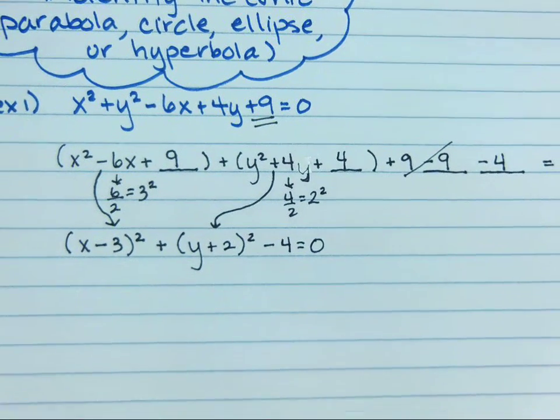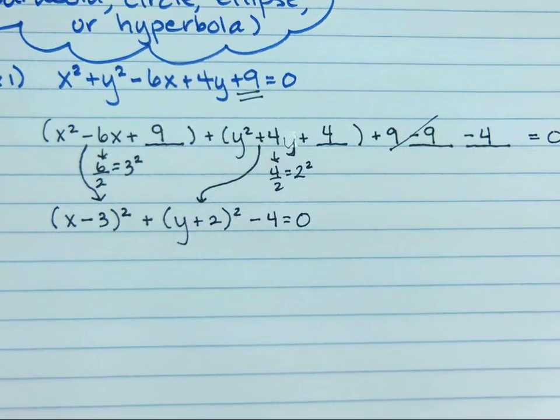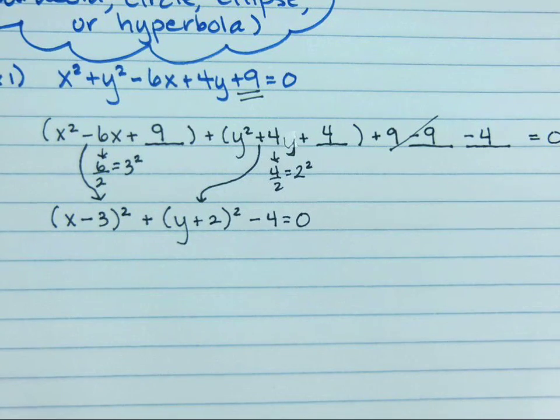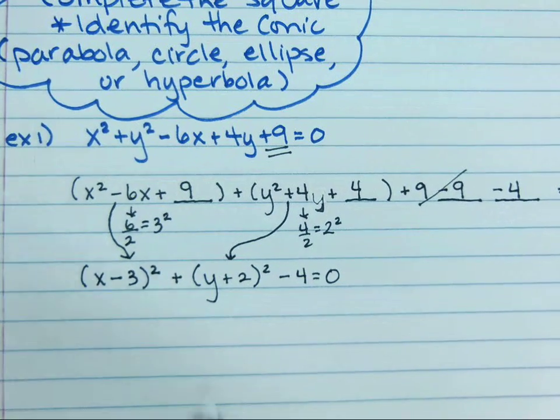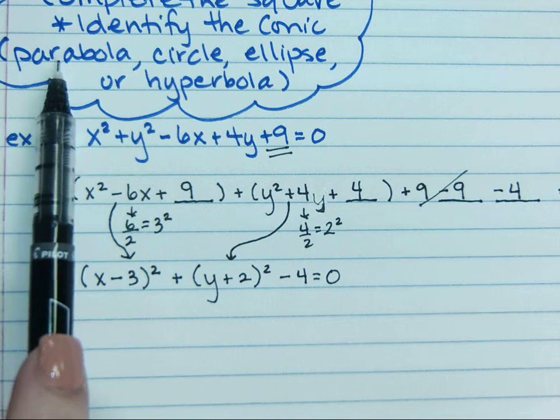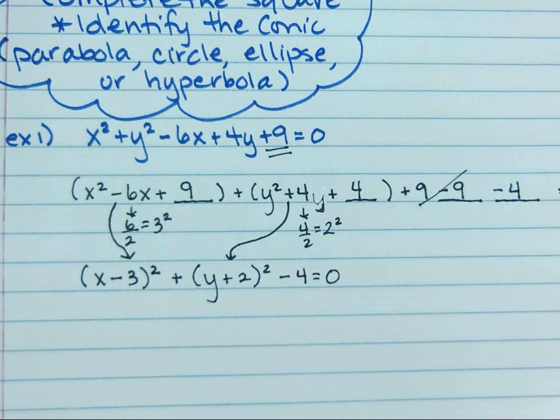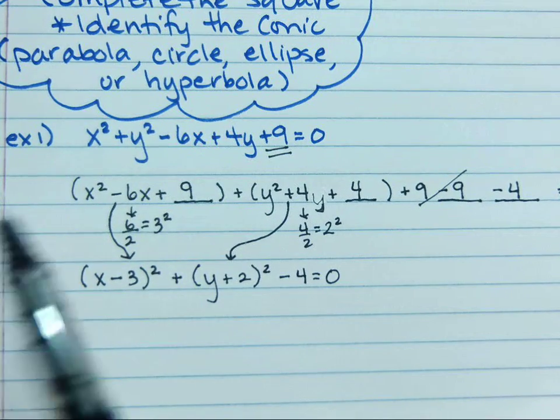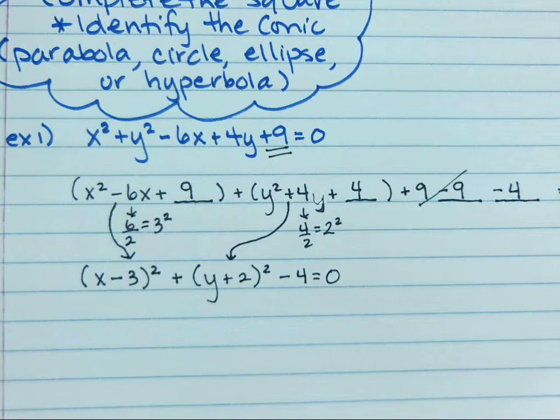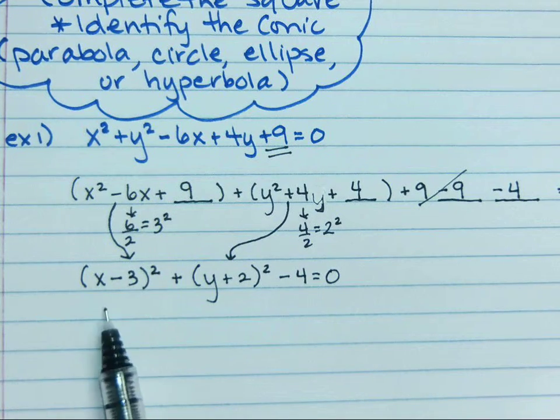Now this is almost in the format that I need. If you think about the equations that we are working with, parabolas do not have a y squared and an x squared. Right? Either only the y squared or only the x squared. And so this is either a circle, ellipse, or a hyperbola. And I have no denominators in here.